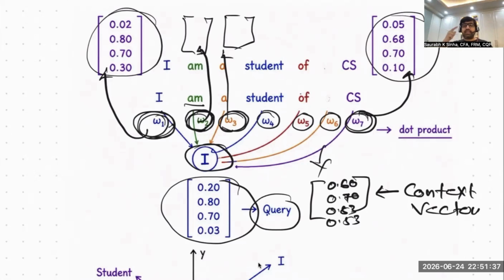You have to repeat this exercise for am, a, student, of, and cs. So in the next iteration, am will become the query vector. Then you will find the attention weight for each token for am. Then you will multiply the attention weight that you find with the dot product to the vectors. Then you sum it up and you will find the context vector for am.